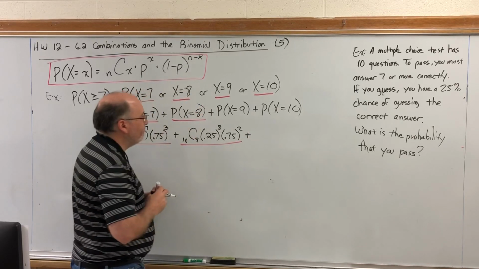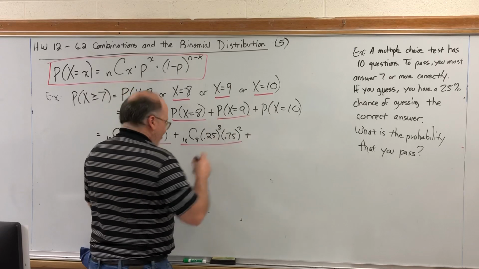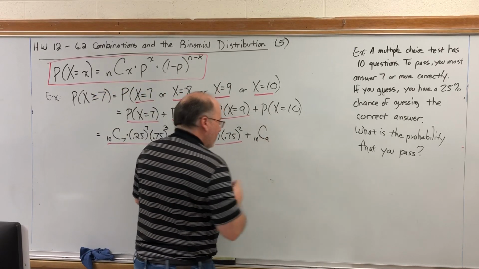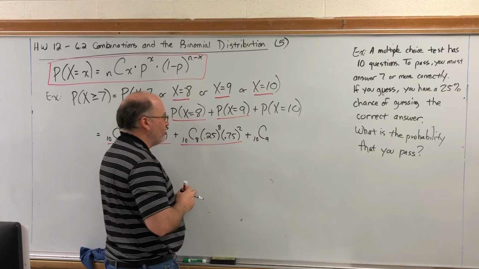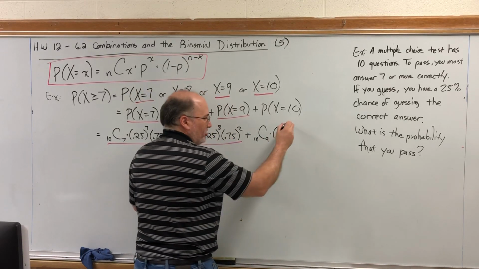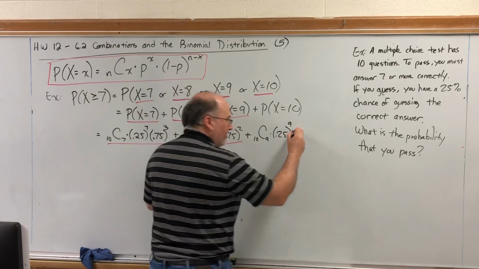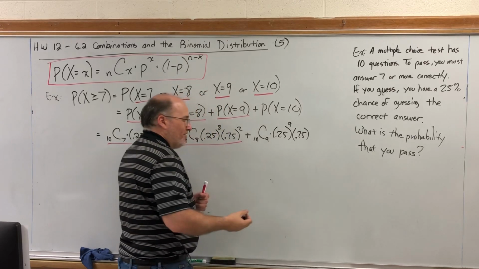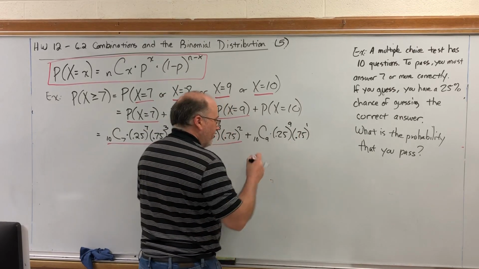Hope I have enough room here. For x equals 9, we have 10C9. Out of 10, we want 9 successes, times 25% chance of a success, and we need 9 successes, times 75% chance of a failure. If we have 9 successes out of 10, there's only 1 failure.